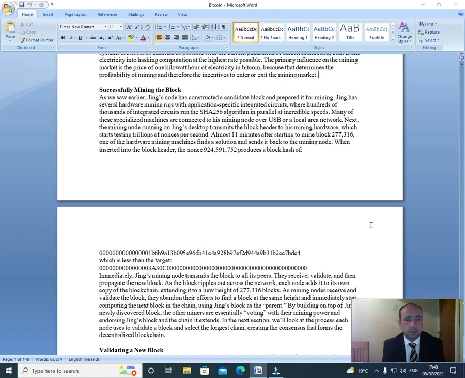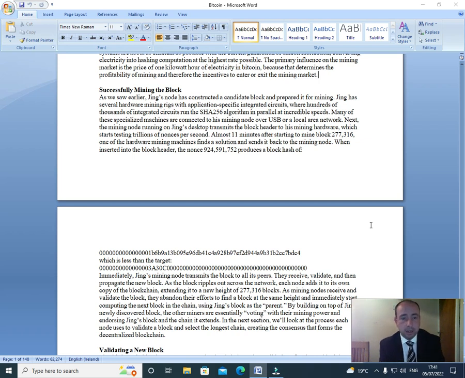Successfully mining the block. As we saw earlier, Jing's node has constructed a candidate block and prepared it for mining. Jing has several hardware mining rigs with application-specific integrated circuits, where hundreds of thousands of integrated circuits run the SHA-256 algorithm in parallel at incredible speeds. Many of these specialized machines are connected to his mining node over USB or local area network.